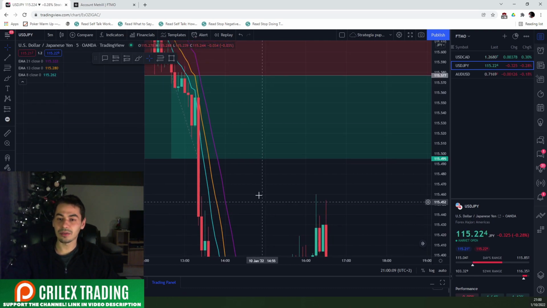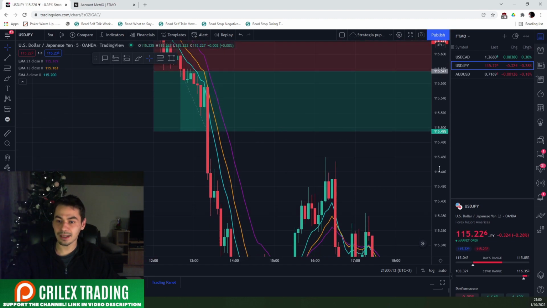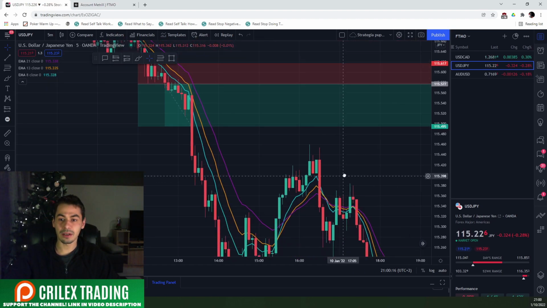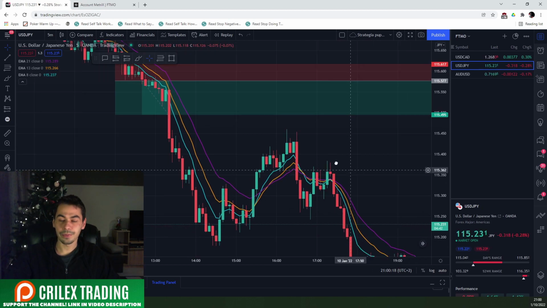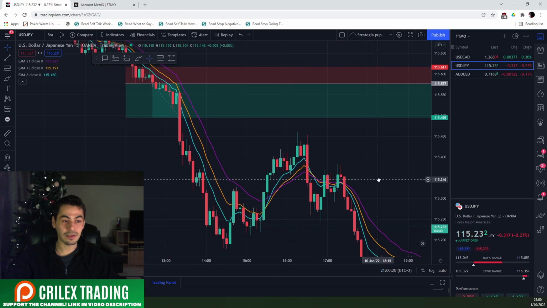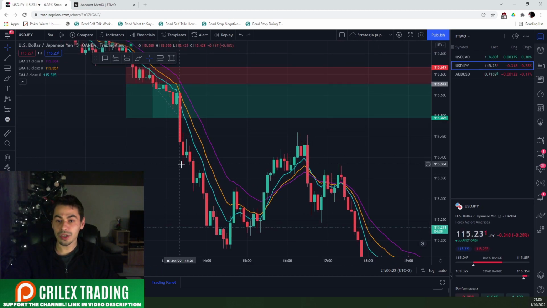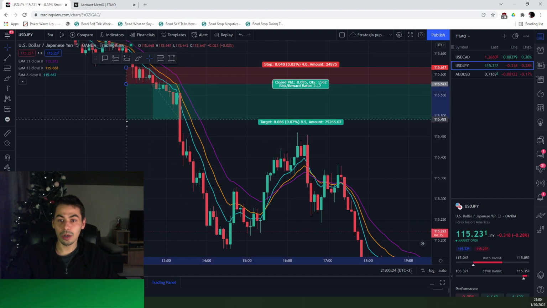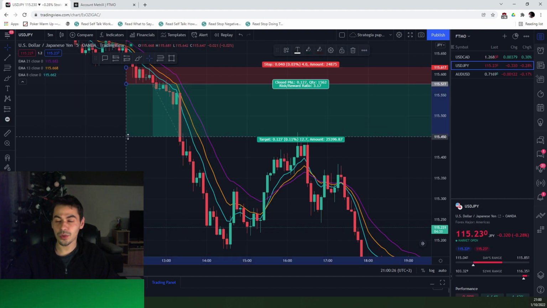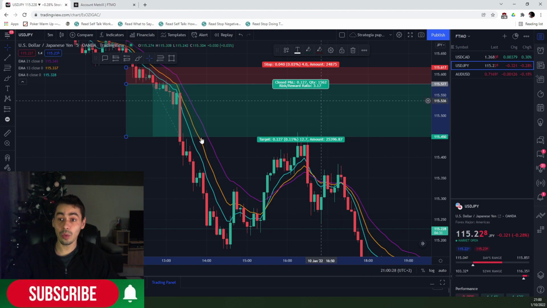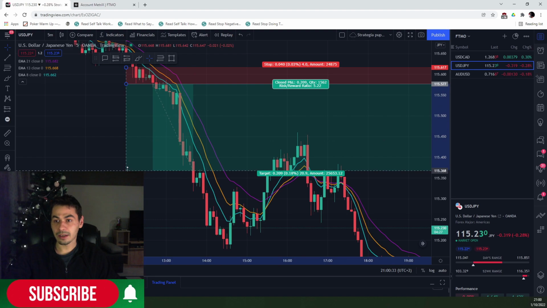So we decided to take the 2-to-1 take profit out, and just do some basic stop loss trailing based on the most recent highs, in the case of a sell. First of all, we saw this inside bar here. So the stop loss was right here, targeting 3-to-1. After that, this formation took place, and we put it right here.